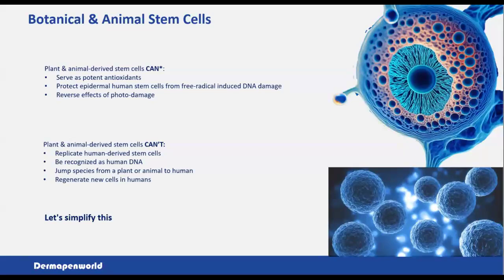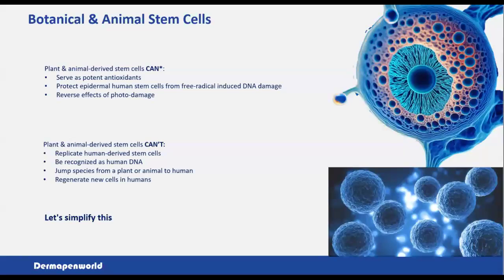But what they can't do is regenerate if they're not completely relatable to us. We know from historical education and from new studies and publications that have been coming out that each species works with its own kind, whether it be botanical, mineral or vegetable.